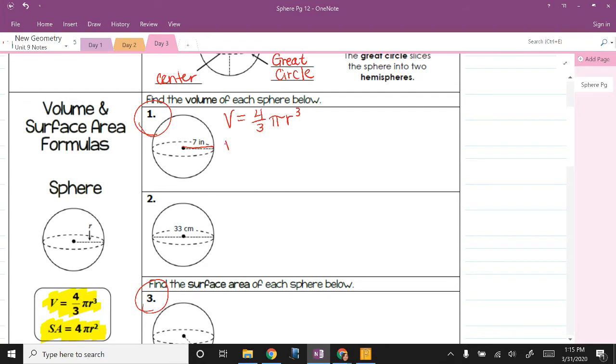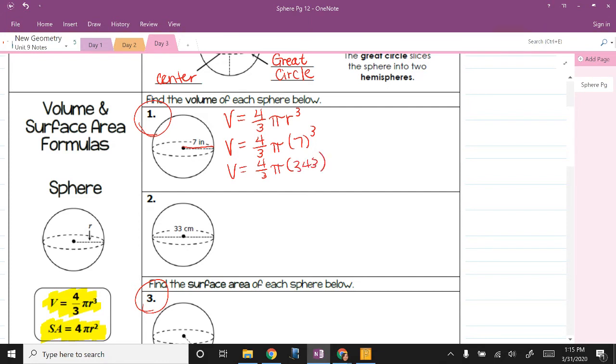4/3 is actually just part of the formula. So 4/3 times pi times 7 cubed. Now, order of operations would have us do that exponent first. So 7 raised to the 3rd power is 343. So volume equals 4/3 times pi times 343.